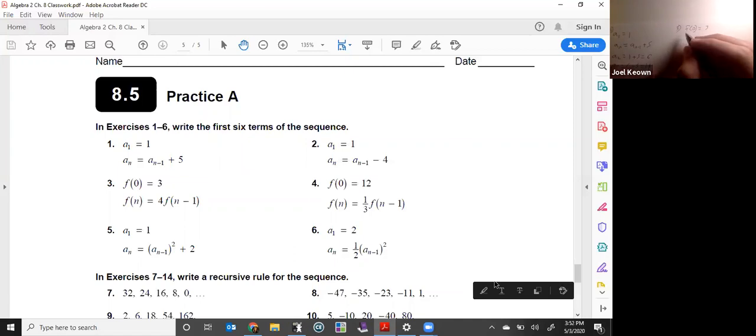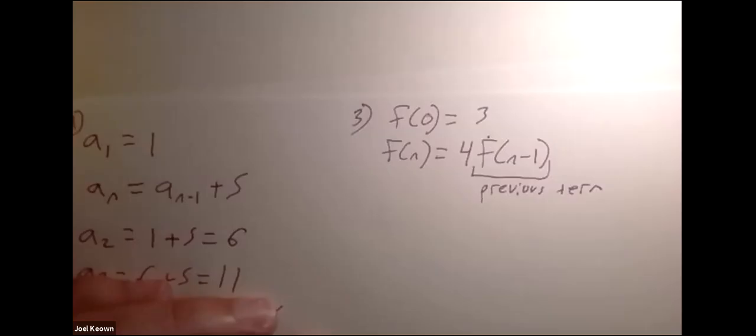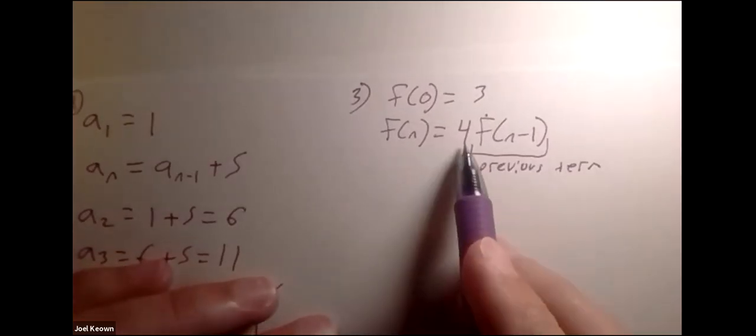Okay? Then f of n equals 4 times f of n minus 1. This is all previous term. Okay? So really all I'm doing here is multiplying the previous term by 4.